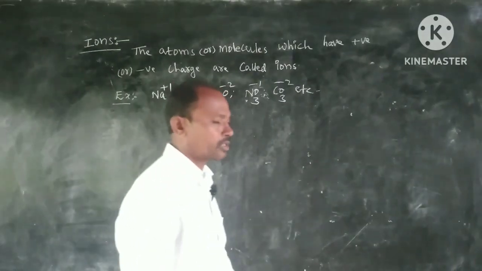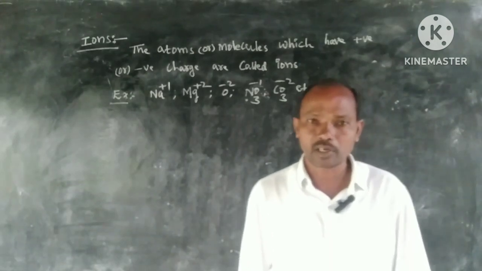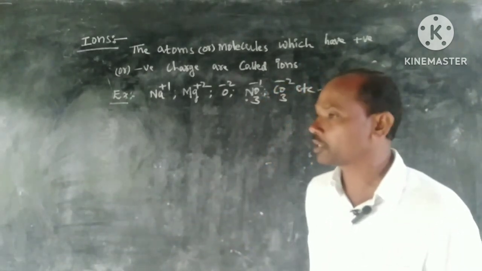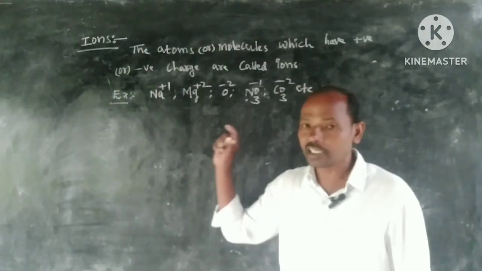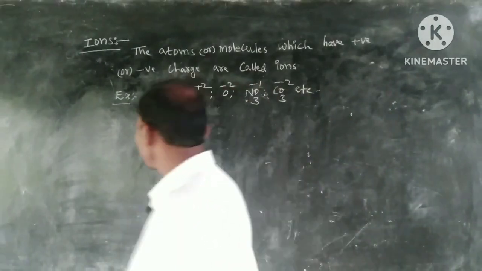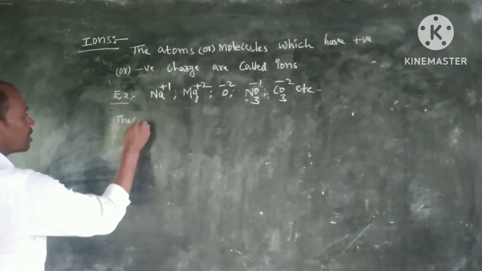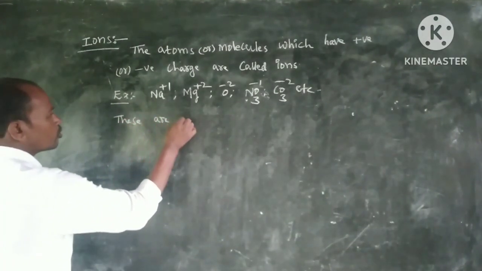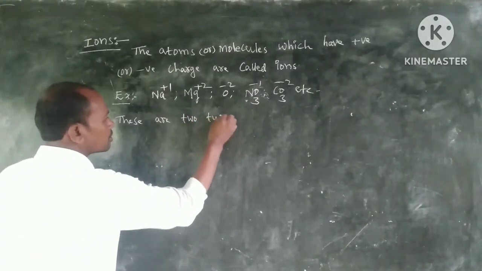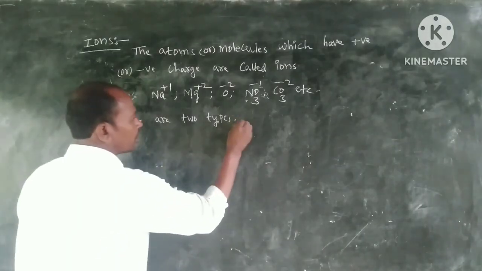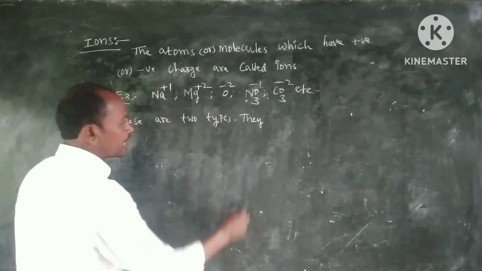Next, how many types of ions are there? Ions are mainly two types.